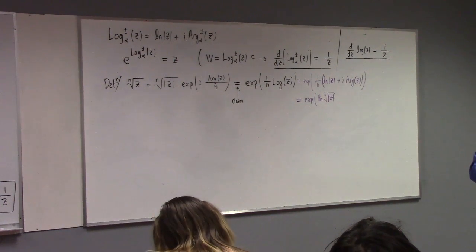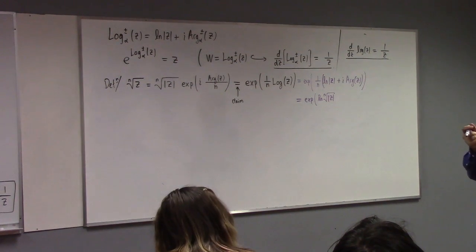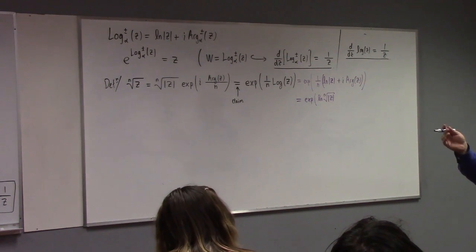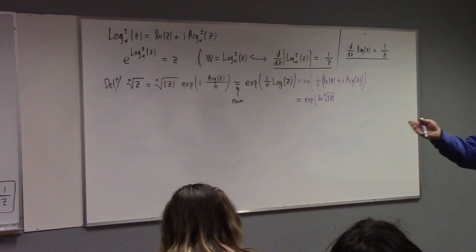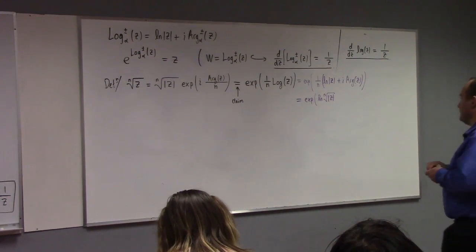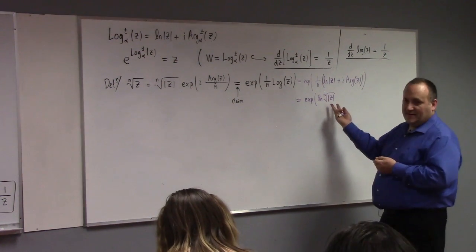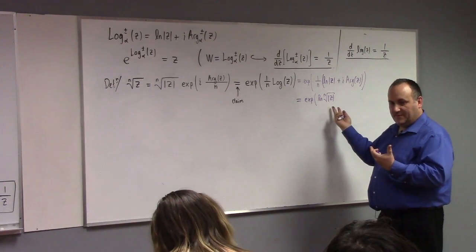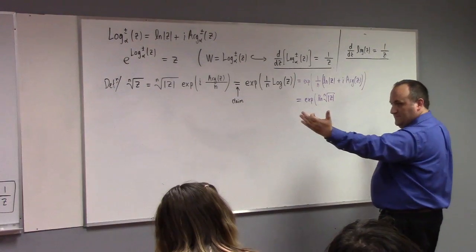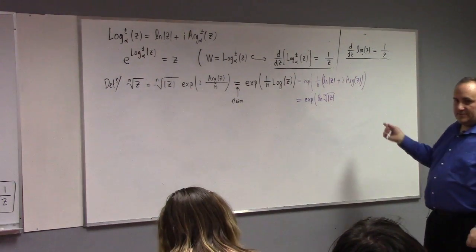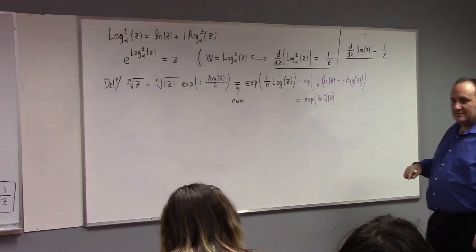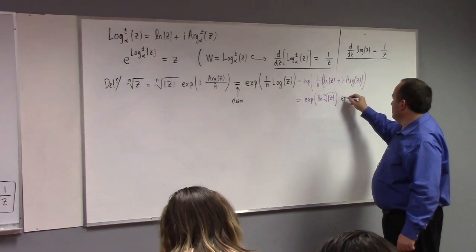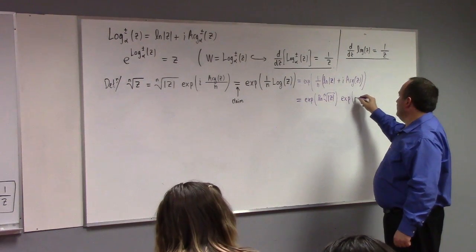It's a convention. I need to make a logical distinction between something to the half power and the square root. Square root is a specific thing. Something to the half power here is a set of two things, plus and minus the square root. And it's even worse if n is like 7. This is either a particular positive 7th root of a number, or it's the set of 7 roots that are related by multiplications by the 7th roots of unity. So that's it for that. And then we've got the exponential of i arg z.